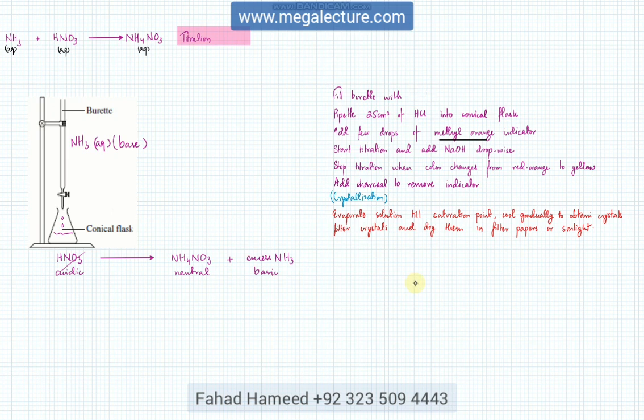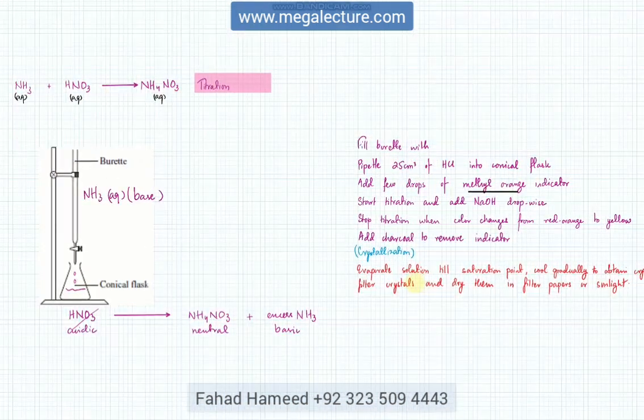So instead of NaOH, I'm filling the burette with what? I'm filling it with ammonia. And instead of HCl, I have nitric acid in my flask, so I'm going to remove HCl. I'm going to replace it with nitric acid. So that's getting replaced.